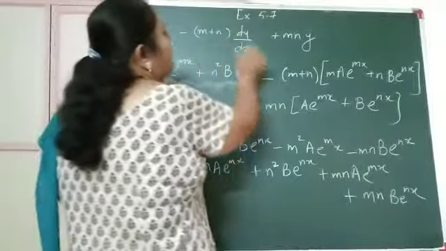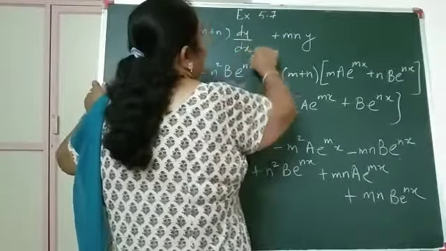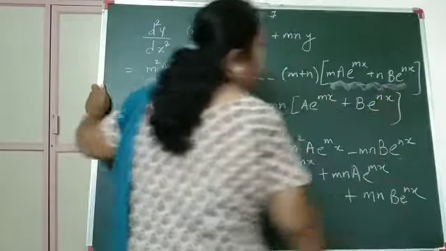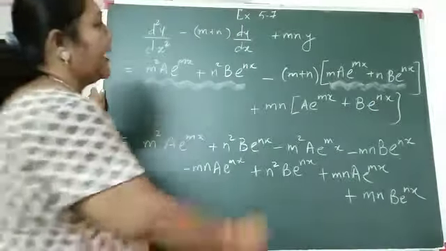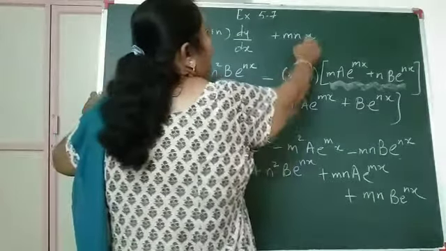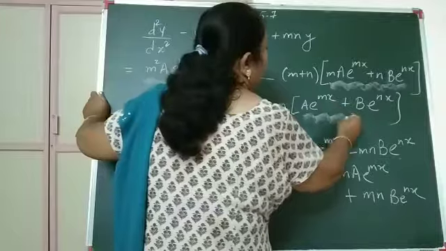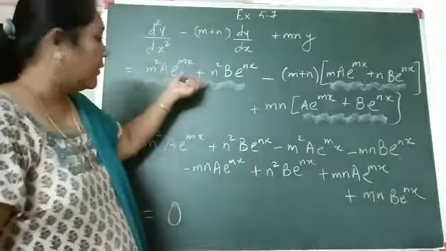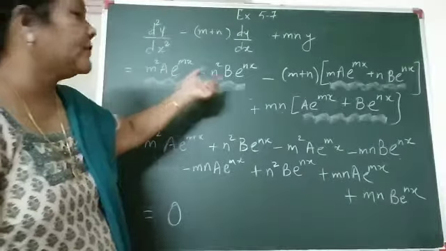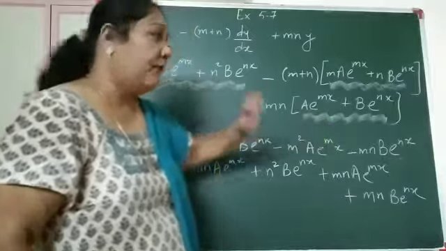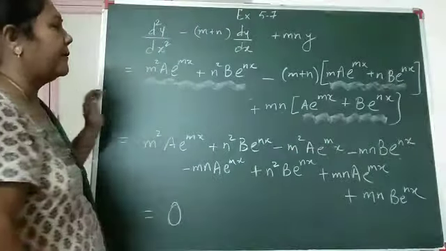Then I go to m plus n and the value of dy by dx. So this is the value of dy by dx. Then I have plus m into n and my value of y. So this is the value of y. So I substituted my values of d squared y upon dx squared, my value of dy by dx and my value of y. Now I open up all my brackets.